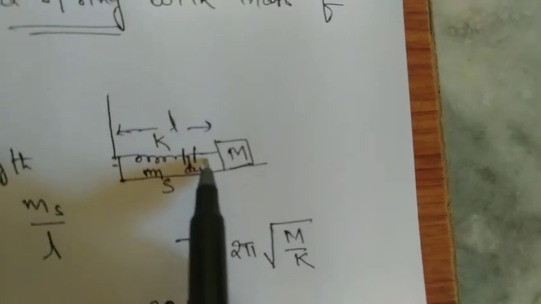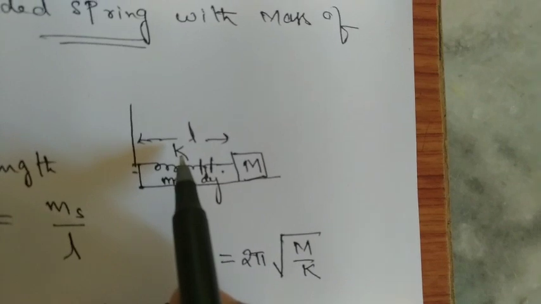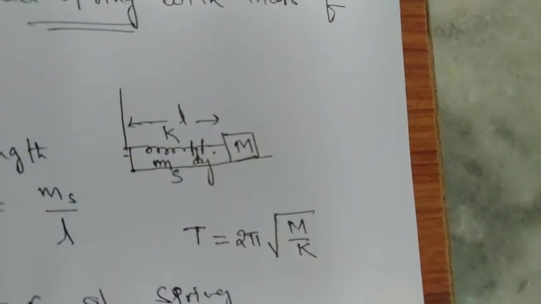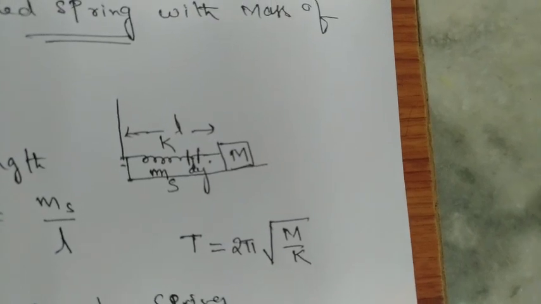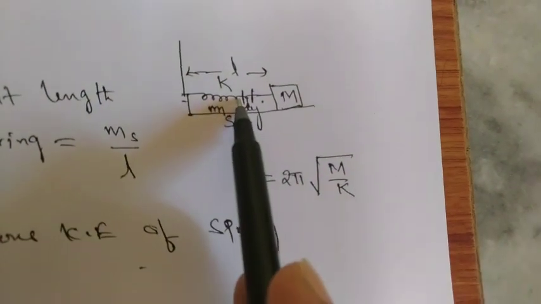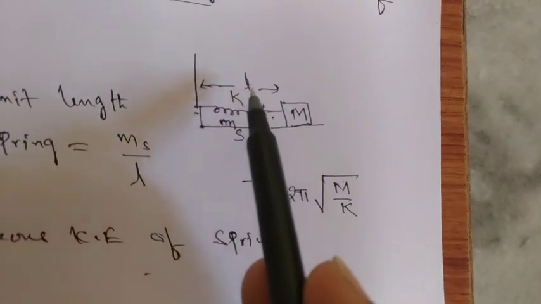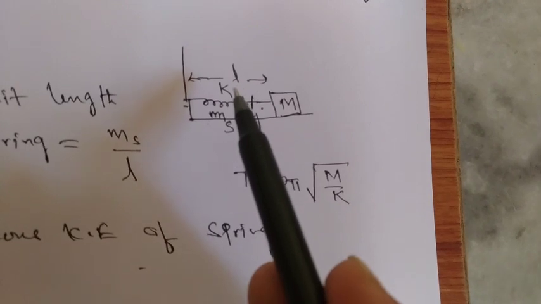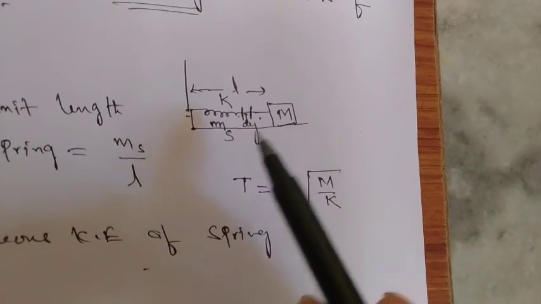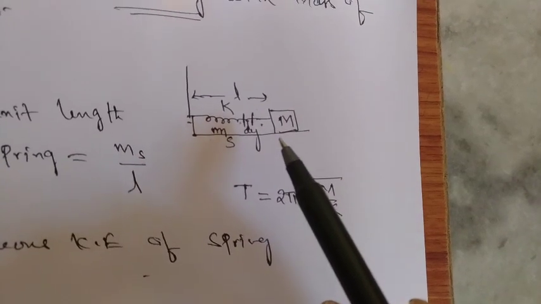The steps are: first the instantaneous kinetic energy of the spring, then the potential energy, and last the sum of the potential and kinetic, which is the total energy.